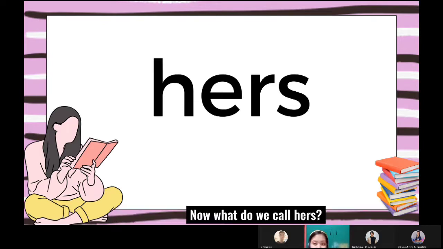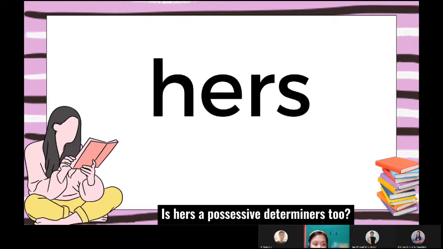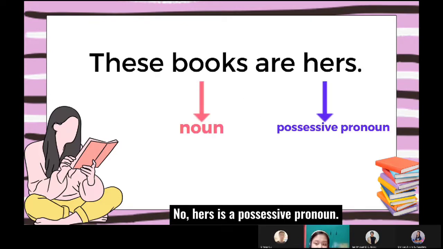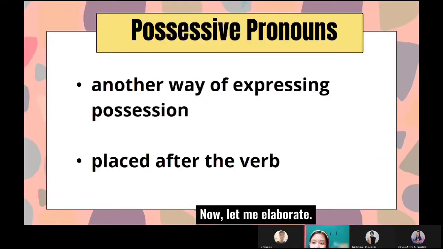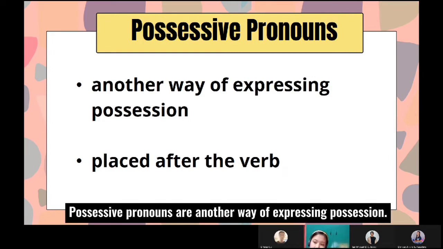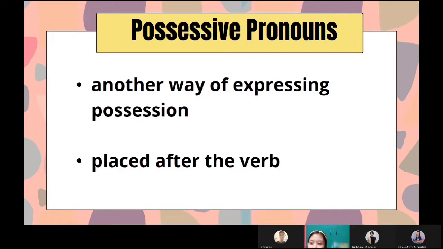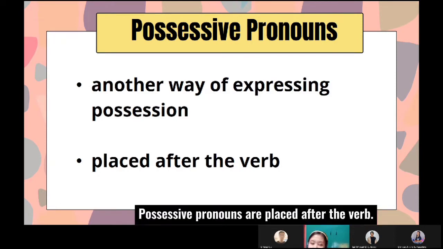Now, what do we call hers? Is hers a possessive determiner too? No. Hers is a possessive pronoun. Now, let me elaborate. Possessive pronouns are another way of expressing possession. Possessive pronouns are placed after the verb.